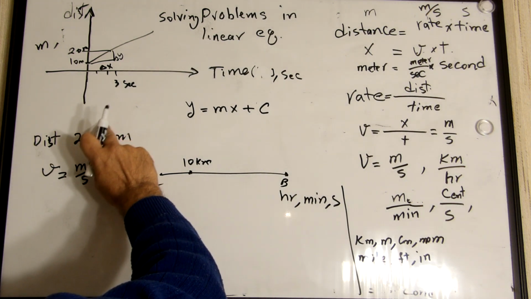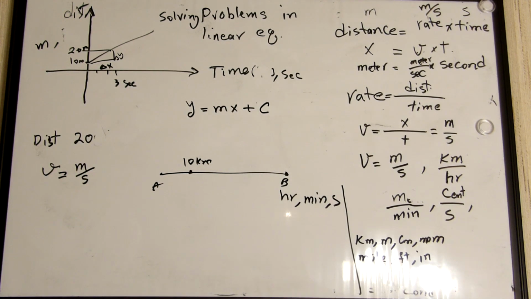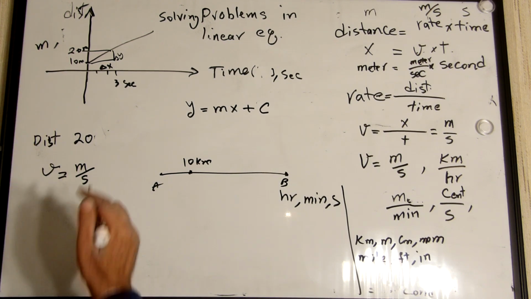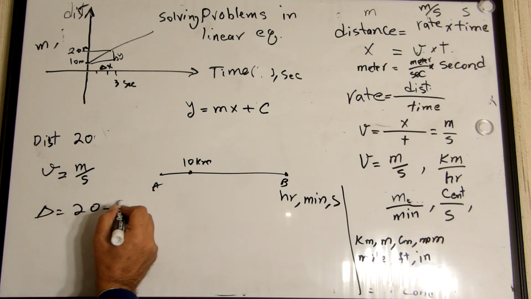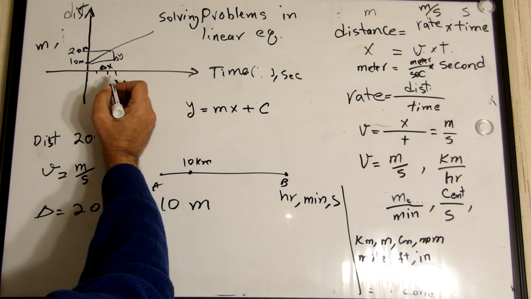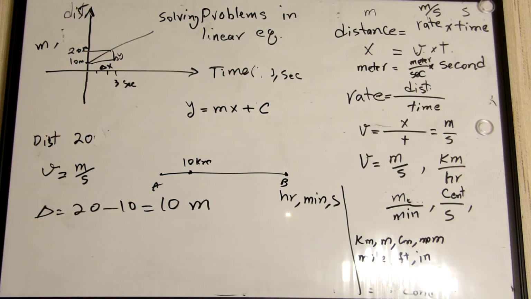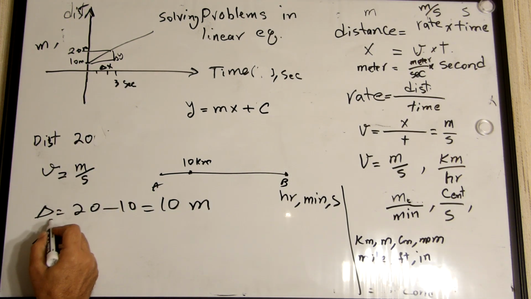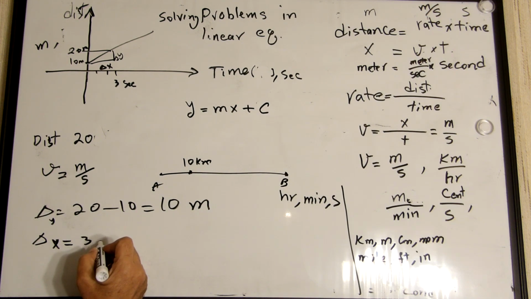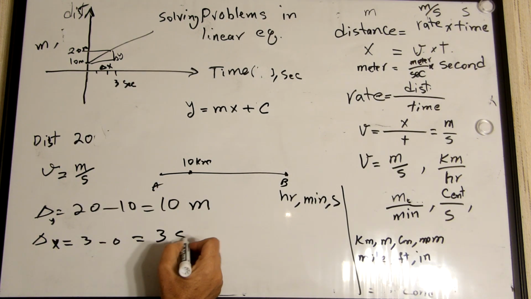So if the distance is 20 meters, for example, here, the rate of change is going to be 20 minus 10 as delta y, which is 10 meters. And then delta x is from 3 to 0 here, so 3 minus 0, it's going to be 3 seconds.